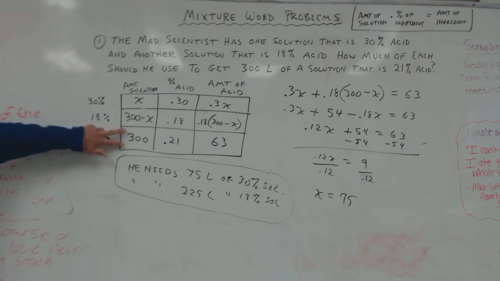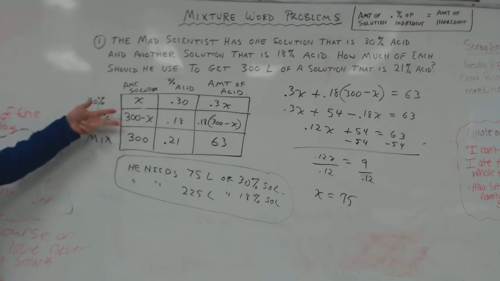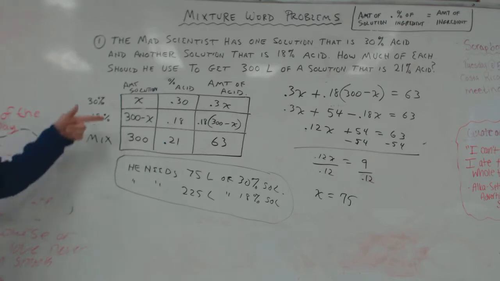If the mixture is 300 liters, then the first number is going to be x. The other one is whatever's left over when you take that x away from 300. So x and 300 minus x. So if the sum of two numbers is 20, the first number is x and the second number is 20 minus x, whatever's left over, right? See what I mean? That's what you missed.